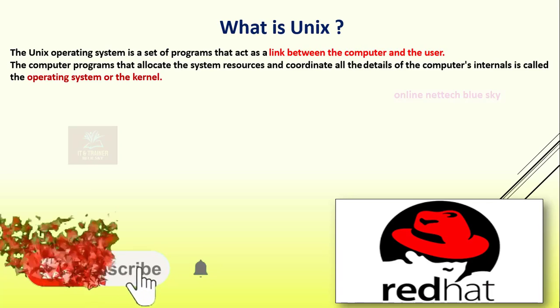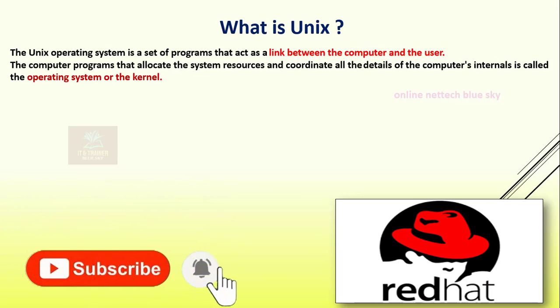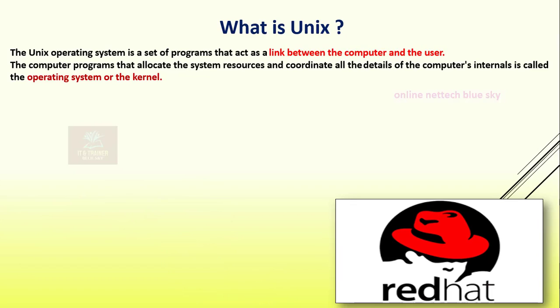You control your computer through the operating system. Without an operating system you cannot control your computer, because it is very important for operating and controlling your computer systematically, one step by one step. How is that possible? Because of hardware, operating system, software, and the user.